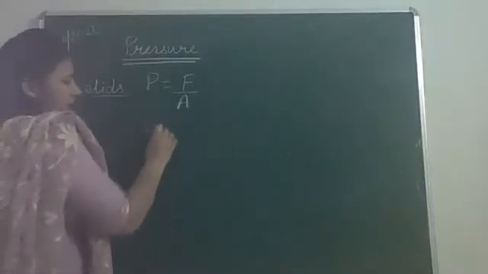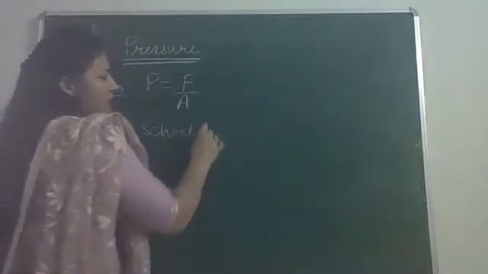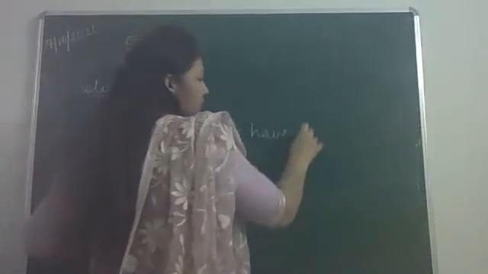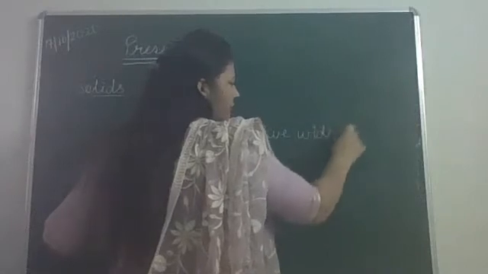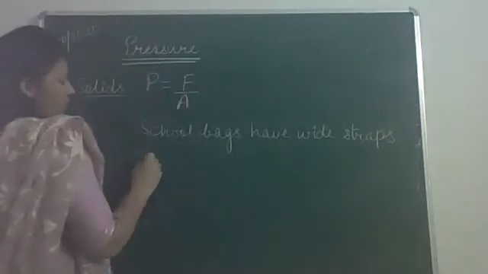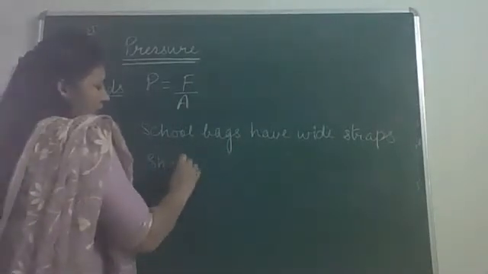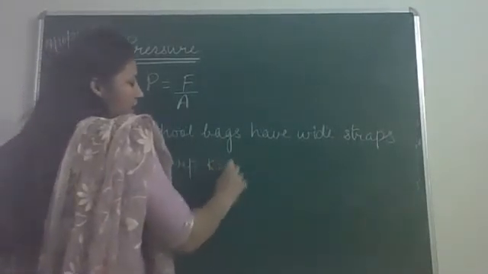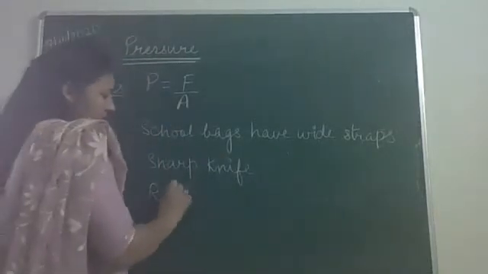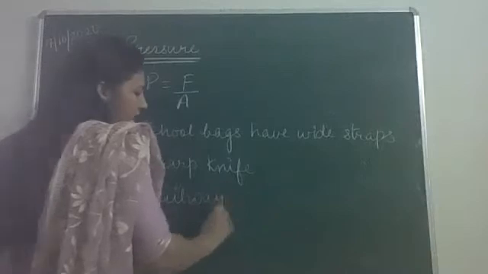School bags have wide straps. In 9th standard, you did all these applications. A sharp knife is needed to cut an apple effectively. Wooden sleepers are laid below the railway tracks.